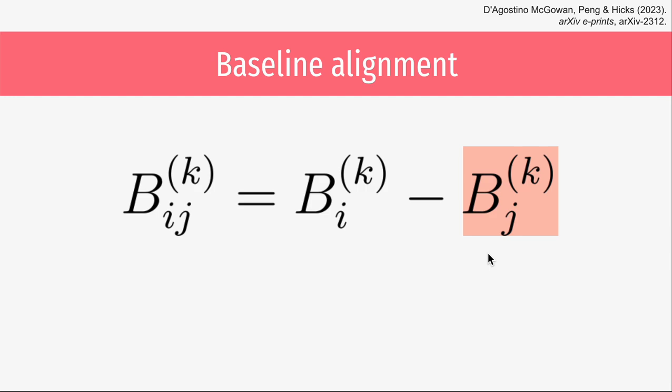For example, let's say principle k is skeptical. If the analyst allocates 80% of the resources to the skeptical principle, and the audience allocates 70% to the skeptical, then this would be 80 minus 70. That baseline alignment, that difference, would be 10.